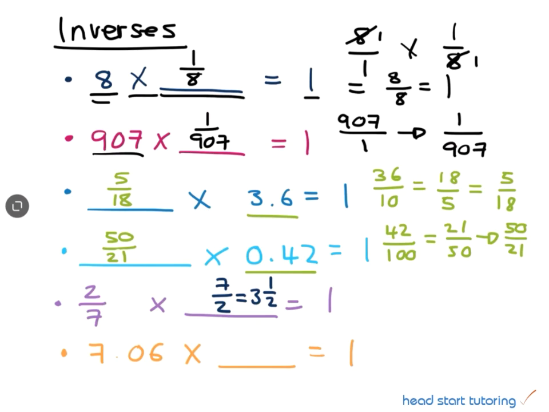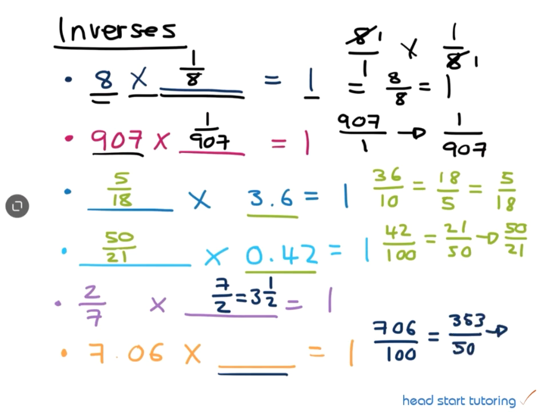Right, so 7.06 multiplied by what will give us an answer of 1? Again, we need to convert 7.06 into its fraction form, which will be 706 over 100. And we can simplify that, we can divide them both by 2, to get an answer of 353 over 50.